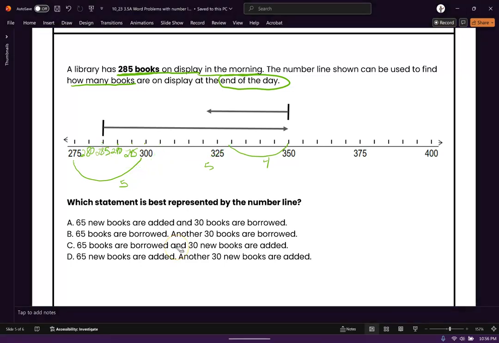Okay, so I did that part wrong. Sorry, that's my fault. I did that part wrong. So we're going to go to 285. Each mark is 5. So 285, there's 5, 10, 15, 20, 25, 30, 35, 40, 45, 50, 55, 60.